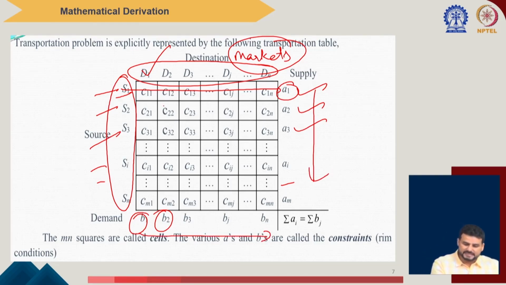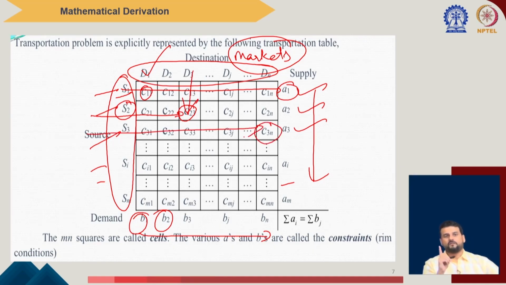In between, C11 represents the cost. If I say C23, it represents the cost of shipping the product from source 2 to destination 3, market 3. C3n represents the cost of shipping 1 unit from S3 to market n. So this is the cost.